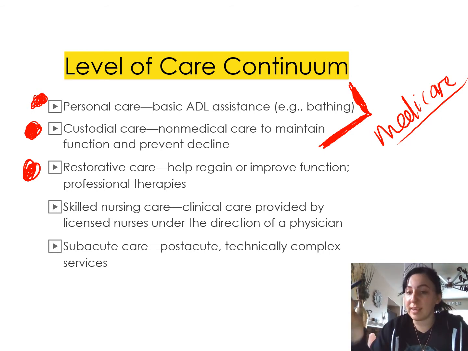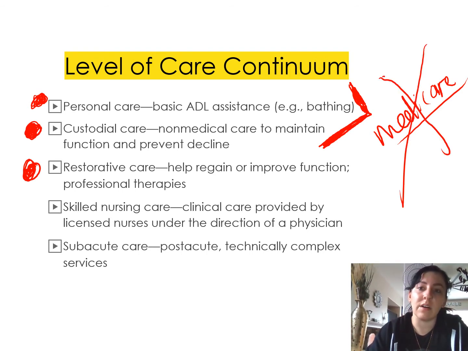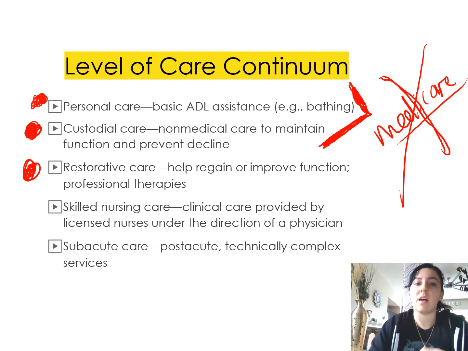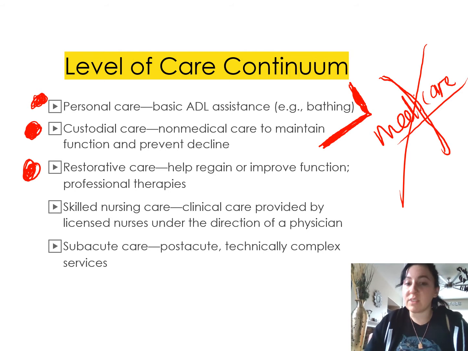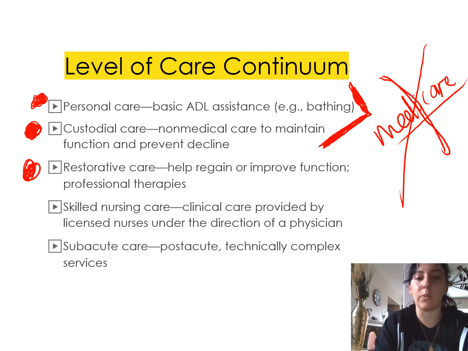Typically Medicare only cares if you need a licensed professional to take care of you. Okay, so Medicare will not cover those. I hope that makes sense. So now we have restorative care, and yes, Medicare will cover this, because Medicare covers rehab stuff.